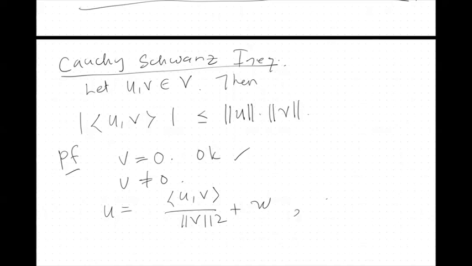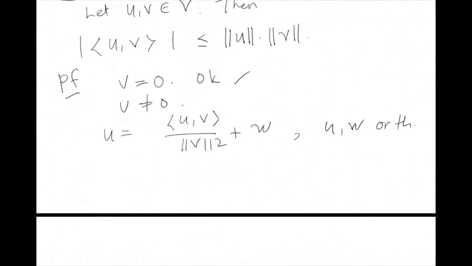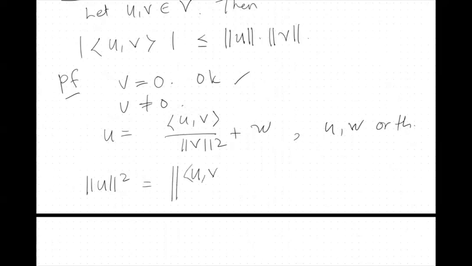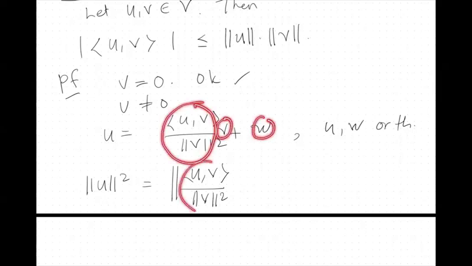And then U and W are orthogonal. So by the Pythagorean theorem, the norm of U is equal to the norm of this scalar times a vector V, plus W.